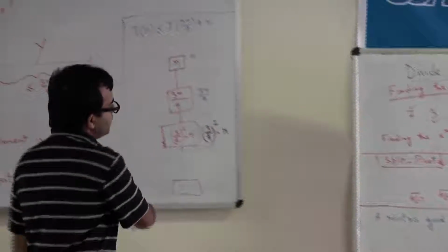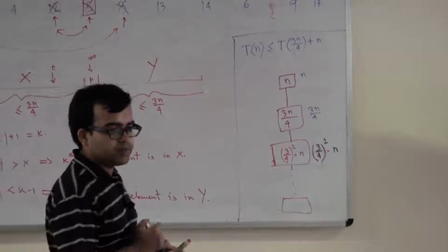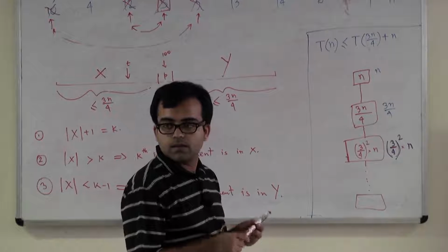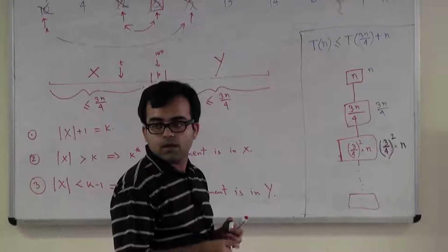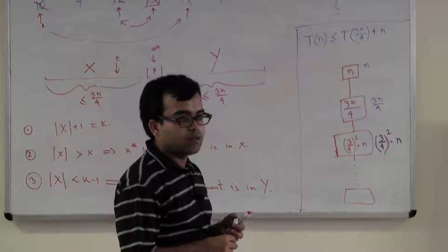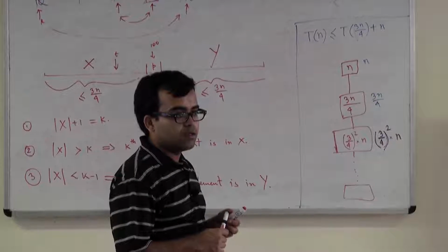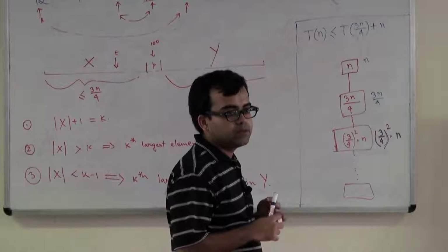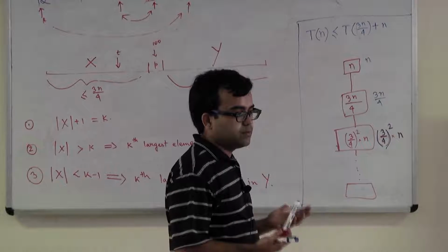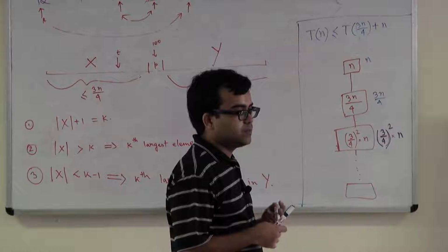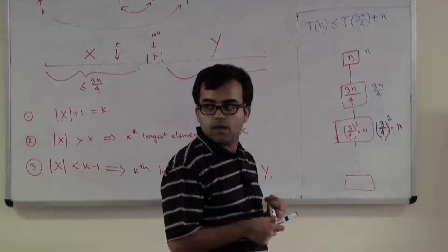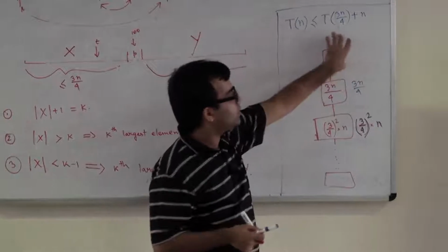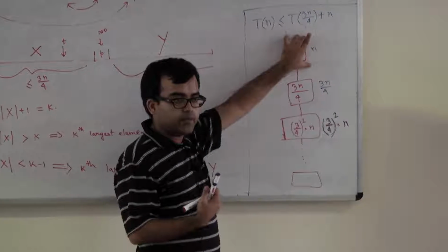So now what is the total amount of work you are doing? Can anybody give me just that expression for the total work you are doing in this algorithm? It's just these things, right? Initially you started with a problem of size n.